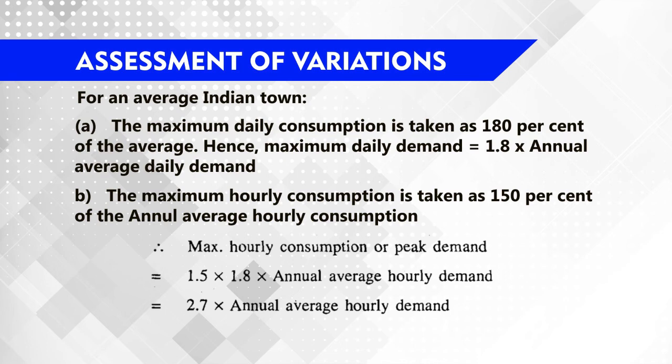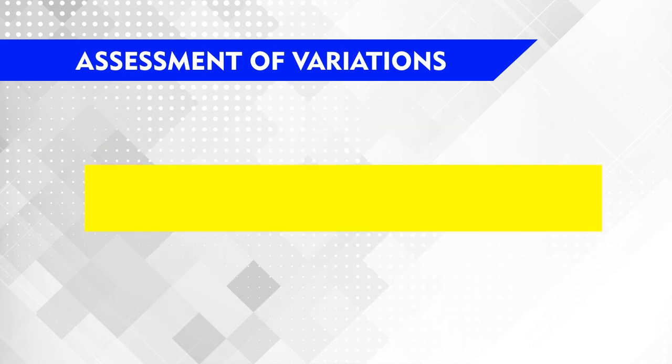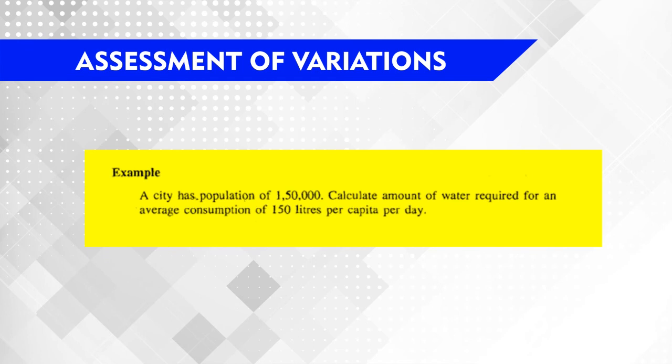So maximum hourly consumption or peak demand is equal to 1.5 into 1.8 into annual average hourly demand, which is 2.7 into annual average hourly demand. Now a problem based on this formula.